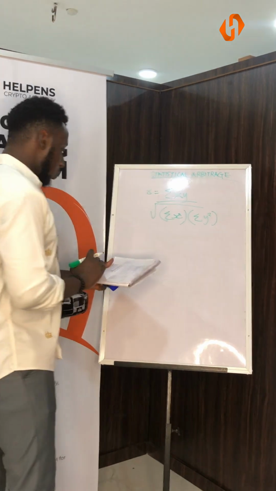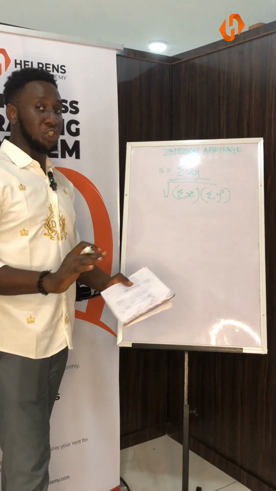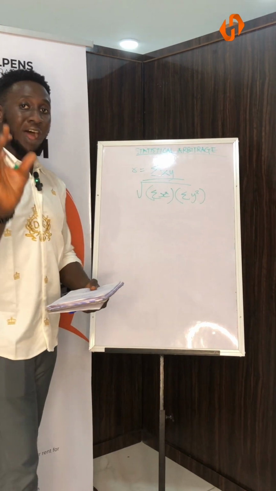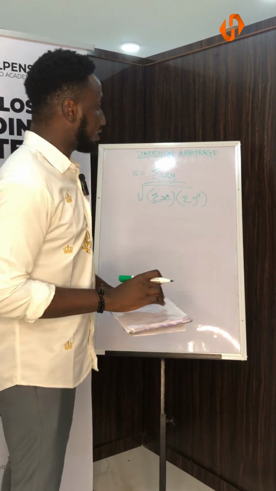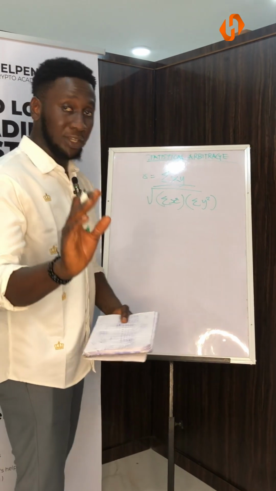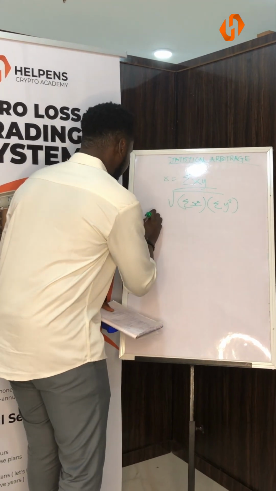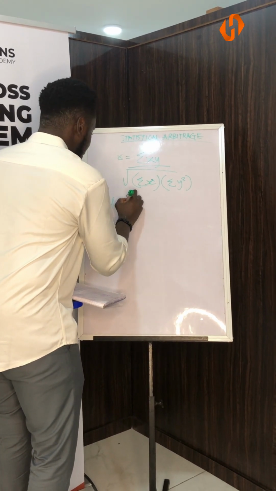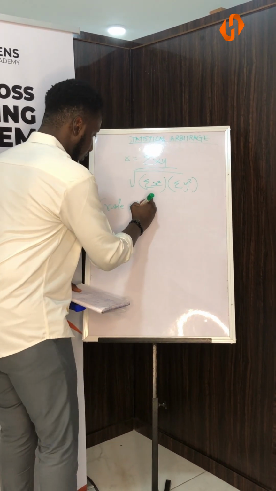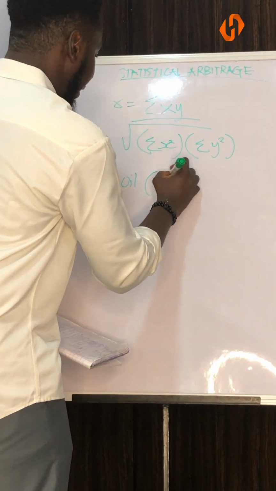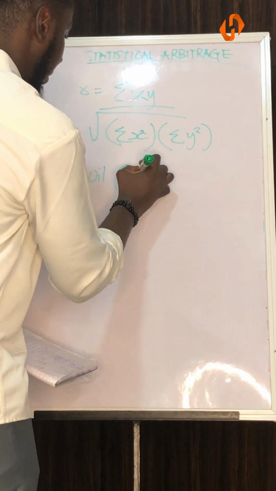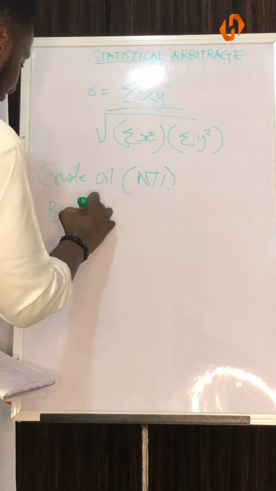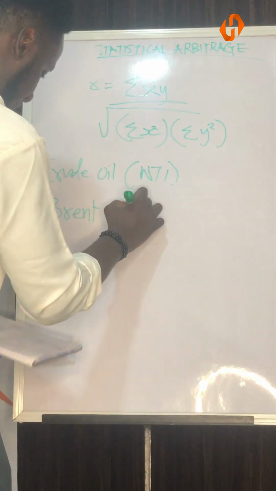But then we will proceed to the calculation proper. Now, in calculating the correlation, we're taking two assets or two commodities, which is the US oil, or I use crude oil, in bracket WTI, and the Brent crude.